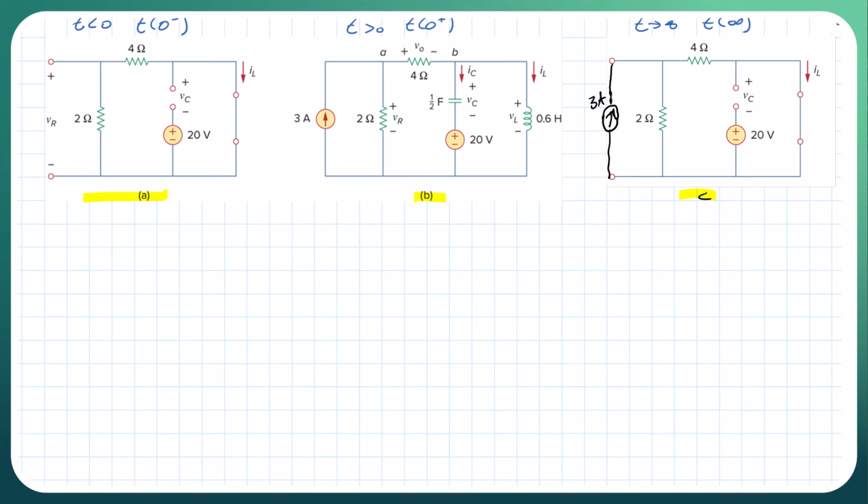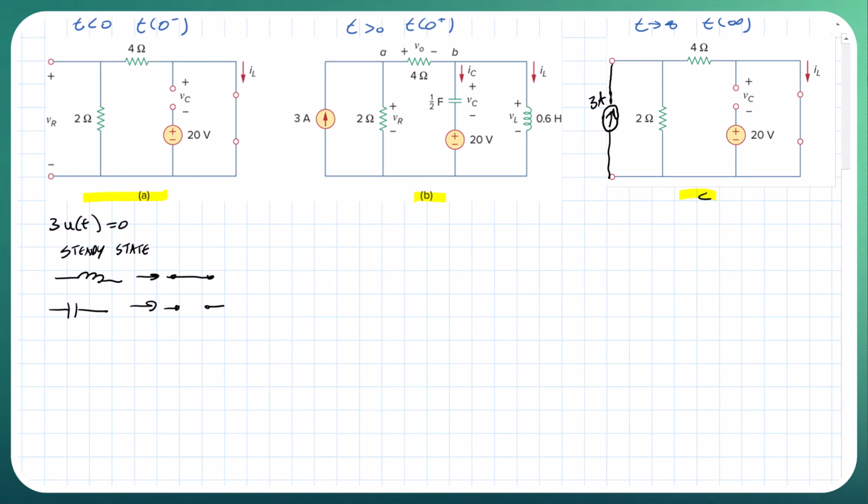For t less than 0, we know that 3u of t is going to equal 0. Since this has reached steady state, and we know the properties of both the capacitor and the inductor, the inductor is going to be replaced by a short circuit, and our capacitor is going to be replaced by an open circuit.